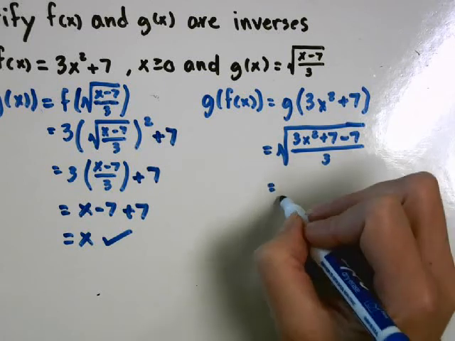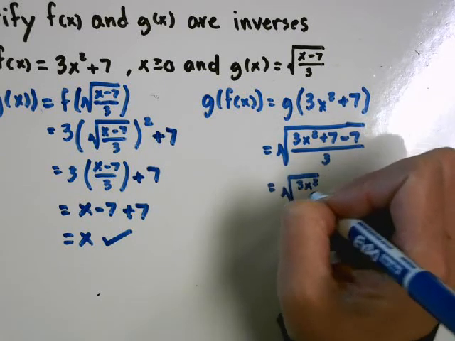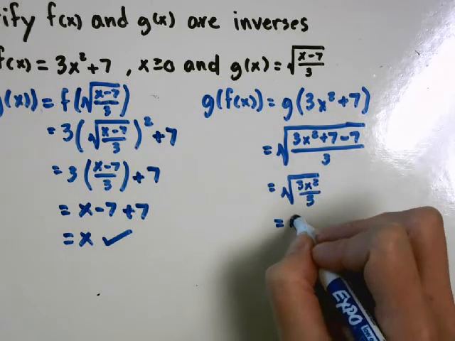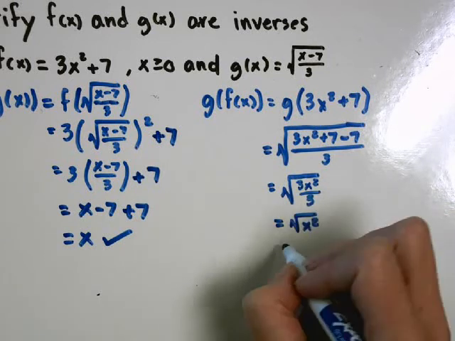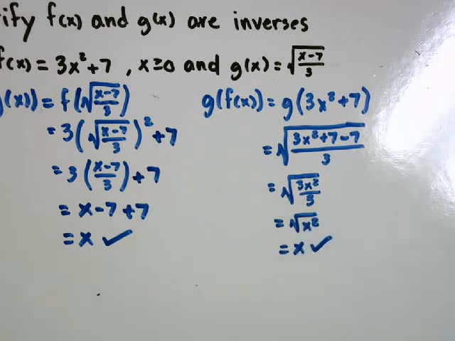The plus 7 minus 7 cancel. The 3's reduce. And then we have the square root of x squared, which is x, which does in fact check out. So these two are inverses.